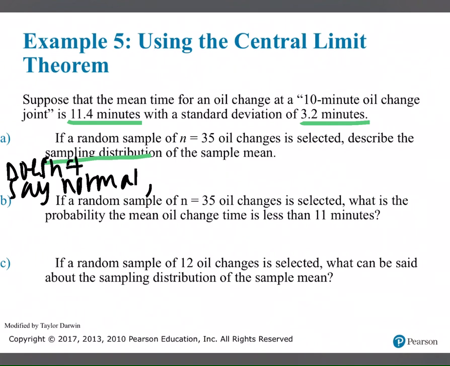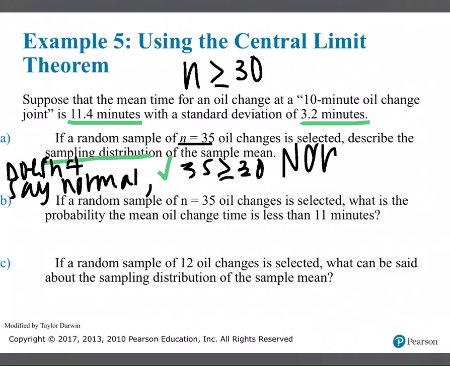Well, I can use my new rule. Is n at least greater than or equal to 30? My n is 35. Is n greater than or equal to 30? Yes. If this rule is in place and it checks out, you can say it's normally distributed or bell-shaped or whatever. Remember, those words pretty much all mean the same thing. If you can say it's normal, if you can say it's bell-shaped, then you can find the probability. Then you can use those z scores.